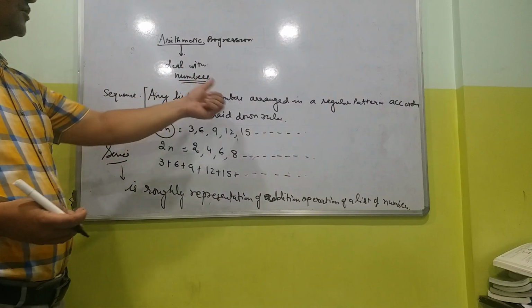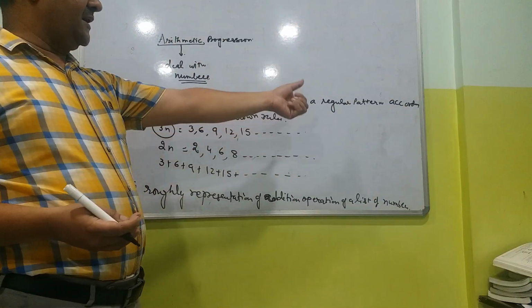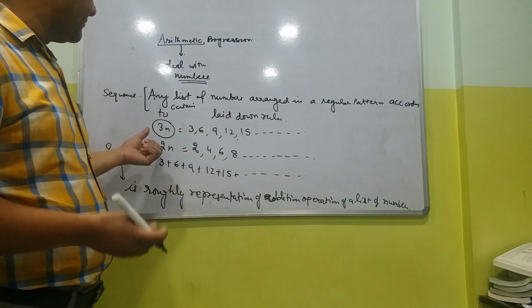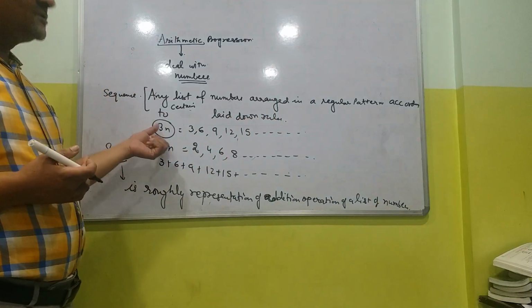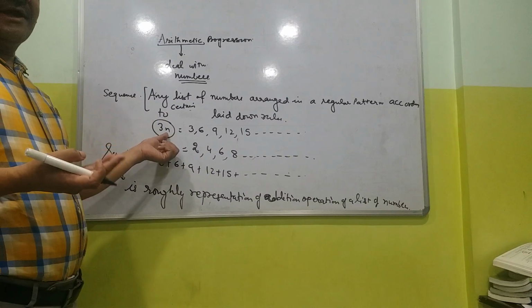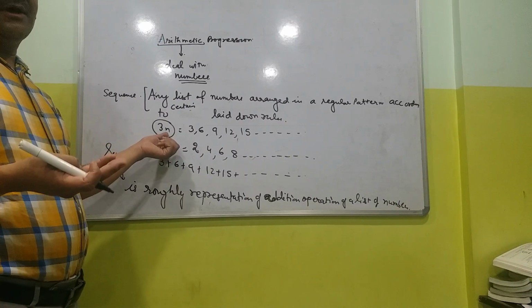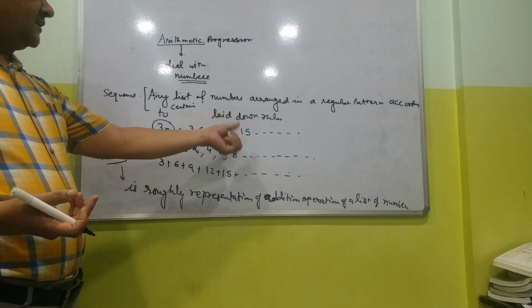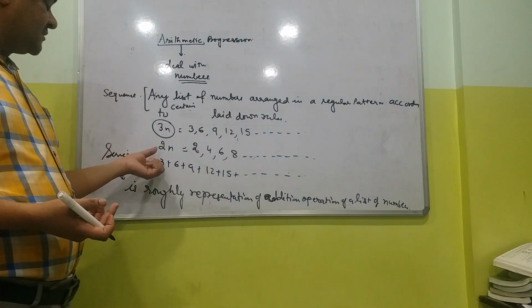So I told you arithmetic deals with numbers. So any list of numbers which is arranged in a regular pattern according to certain laid down rules. For example, if I follow the sequence of 3n, then you keep on substituting the value of n from your own side. 3 into 1, 3, 3 twos are 6, 3 threes are 9, 3 fours are 12, 3 fives are 15, like this.